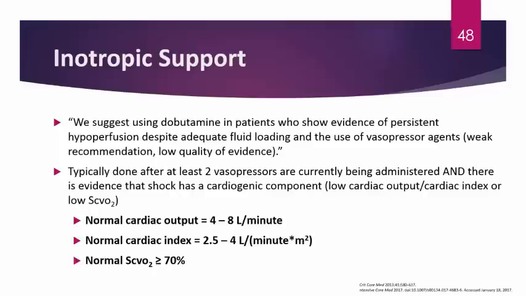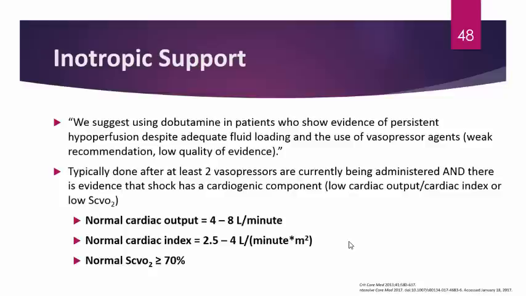So in practice, this should typically be done after at least 2 vasopressors are being administered, and there's evidence that the shock has some cardiogenic component, i.e. a low cardiac output, a low cardiac index, or a low ScvO2. So if you have numbers below any of these ranges, you should be concerned that your shock has some kind of cardiogenic component. For patients in sepsis, you would expect these numbers to either be normal or elevated, because your body and your heart are trying to compensate for the lack of perfusion that the rest of the body is getting.